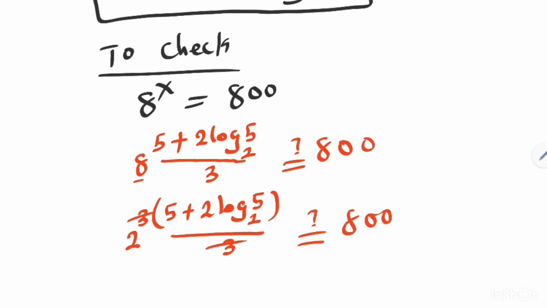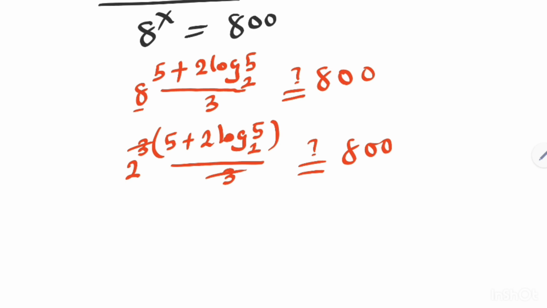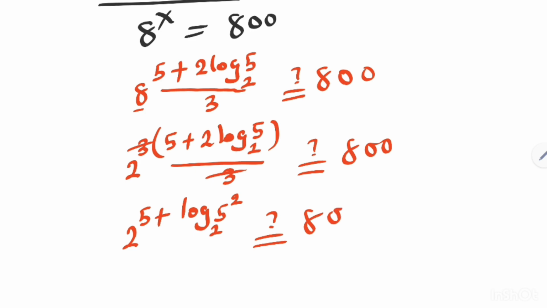This 3 cancels this 3. Then we have 2 raised to power 5 plus 2 log 5 base 2, which can be written as log 5 squared base 2, must be equal to 800.